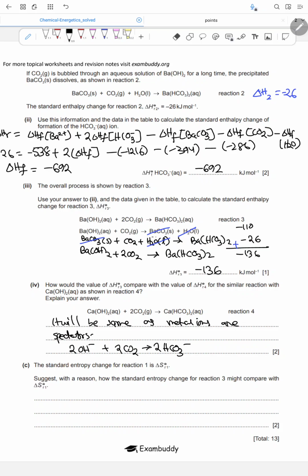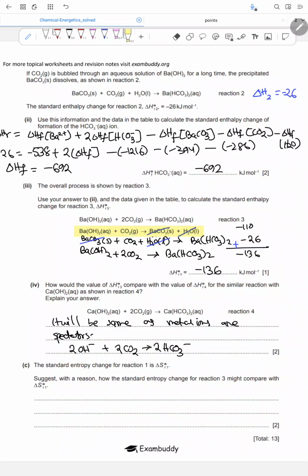For reaction 3, right? Reaction 3. And what was reaction 1? Remind me please. This was our reaction 1. So actually we're saying that in reaction 1, the gas is being removed, right?